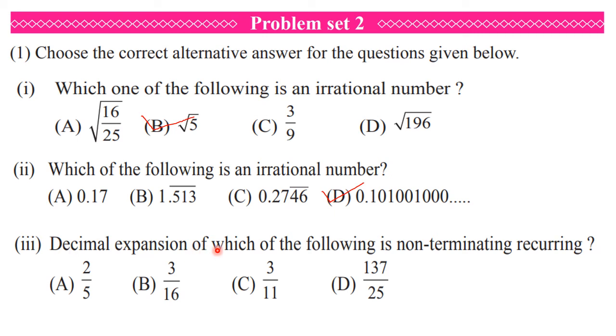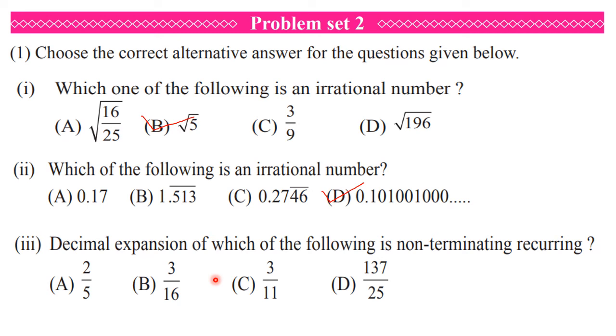Decimal expansion of which of the following is non-terminating recurring? Okay, so in practice set 2.1 we have solved such sums, and at that time what we discussed is that simply by observing the denominators we can understand that the decimal expansion is non-terminating recurring.